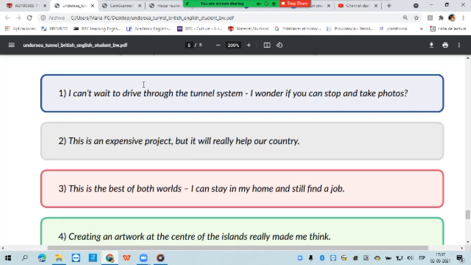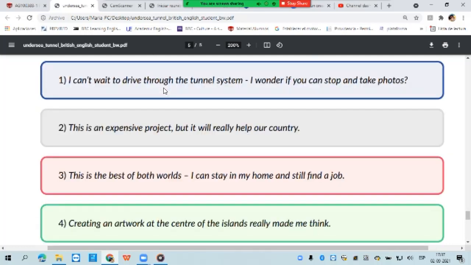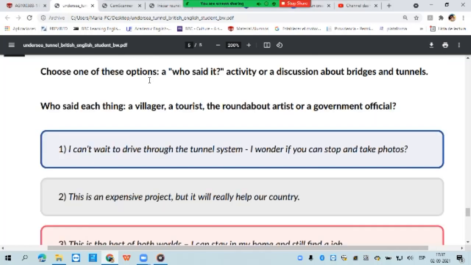Okay, let's see number 3. Who can read number 3? This is the best of both worlds. I can stay in my home and I still find a job. A villager. Why?